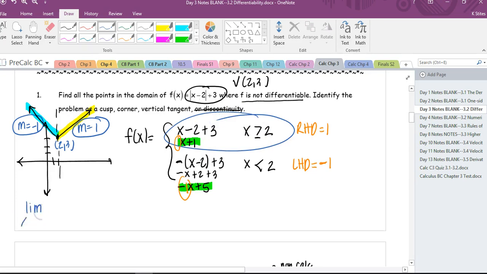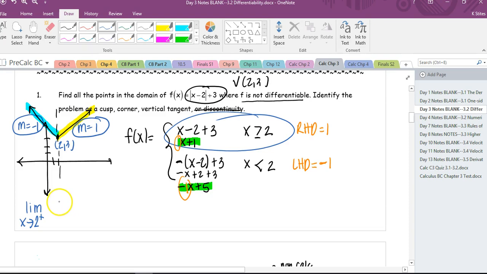So I'm going to do the limit as x approaches 2 from the right, and from the right I have the equation x plus 1.